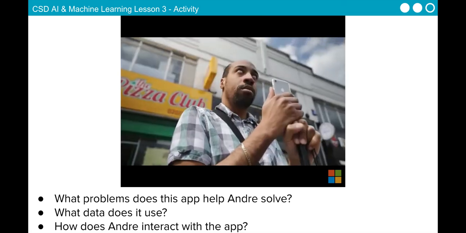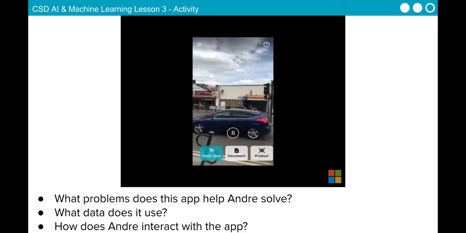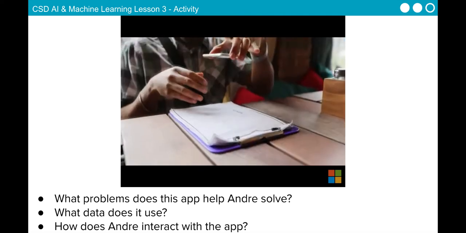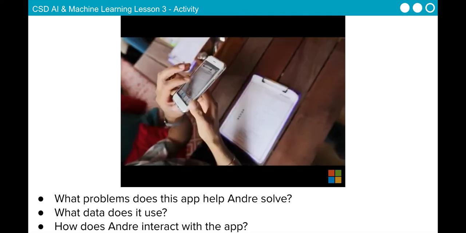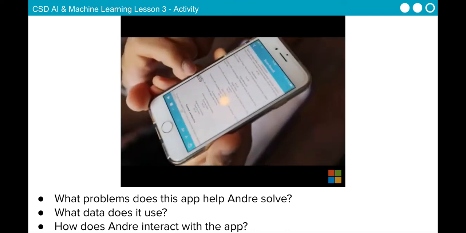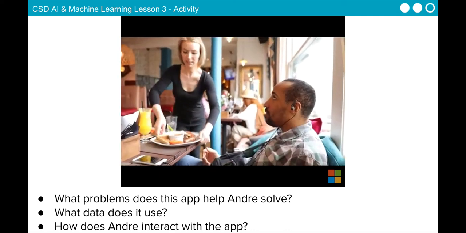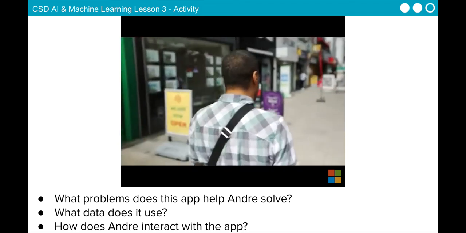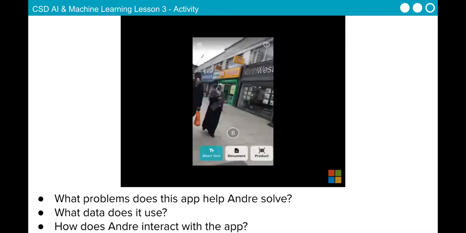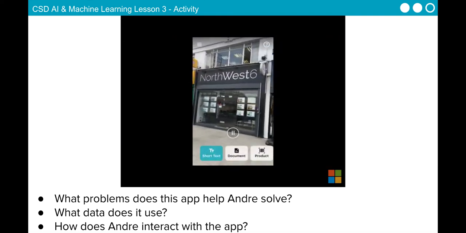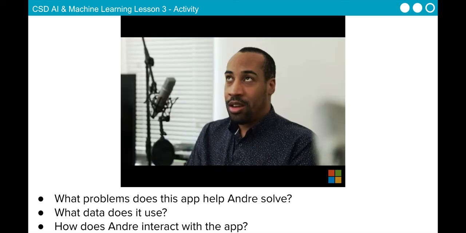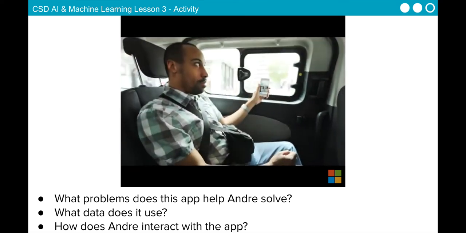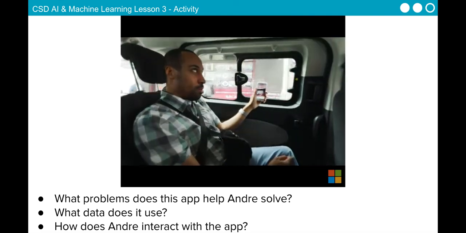It's an app that you can read almost anything, anywhere with it. Kilburn High Road. Fashion. Workspace. Mayonnaise. It has a multitude of functions, and they all work together to produce something that you can use whenever you need it. It might even be considered to be a Swiss Army knife of apps. Of all the parts of Seeing AI, I really do think short text is the biggest of the game changers. Northwest 6. Because I've never seen anything like that in any other app before. And I like being in the back of cabs and buses and pointing it out the window and seeing what I pass on the way to places.